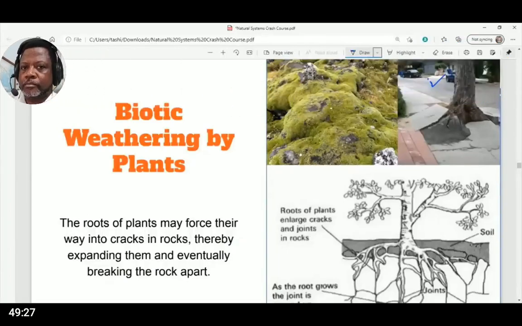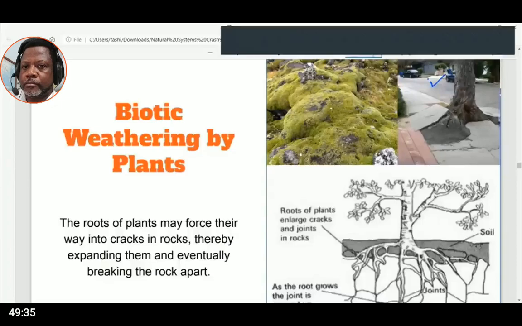Follow me? If I was to put this one with the tree on physical weathering or chemical weathering, which one would I put it under?